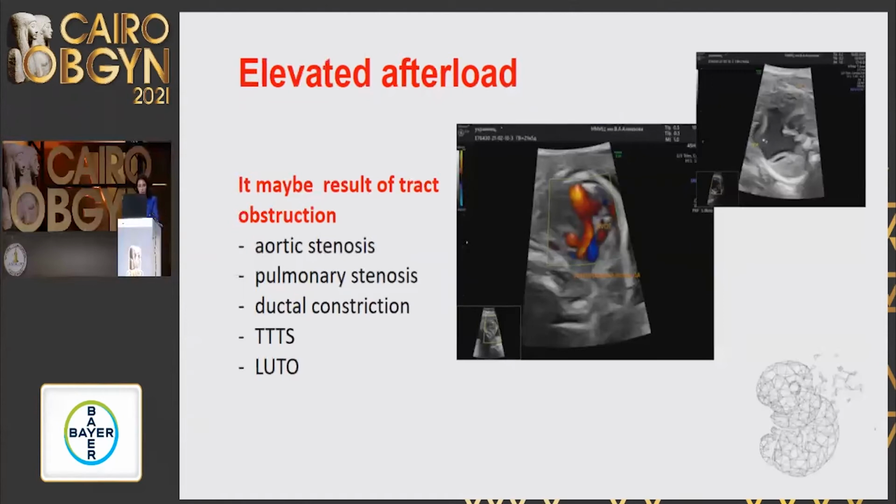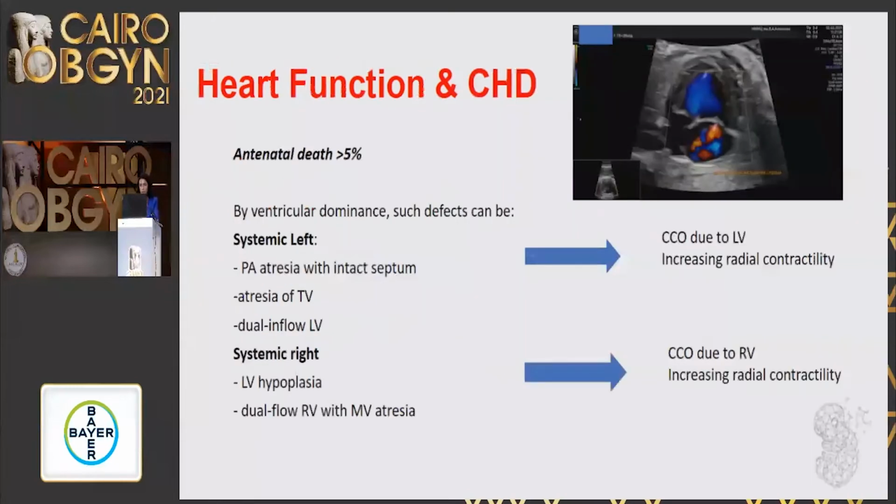Elevated afterload can be caused by tract obstruction. Usually it's aortic stenosis, pulmonary stenosis, ductal constriction, and in cases of TTTS or fluta, we can see this tract obstruction.